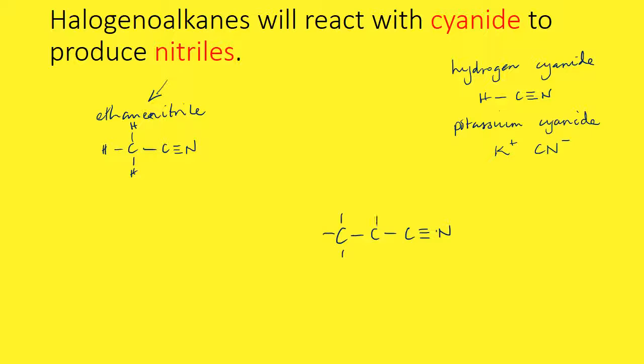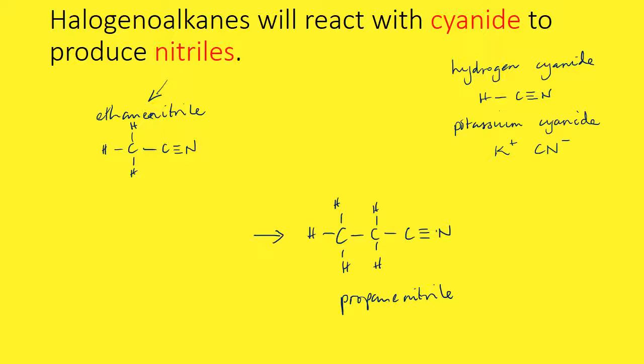So I'm drawing the product first this time, in case you were wondering what I was doing over this side of the page. Because what we want to do is make propane nitrile. Propane nitrile, which is so.